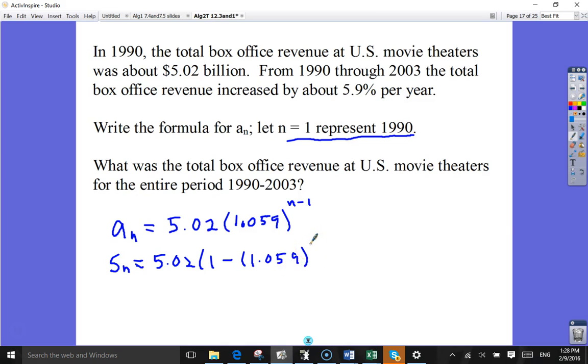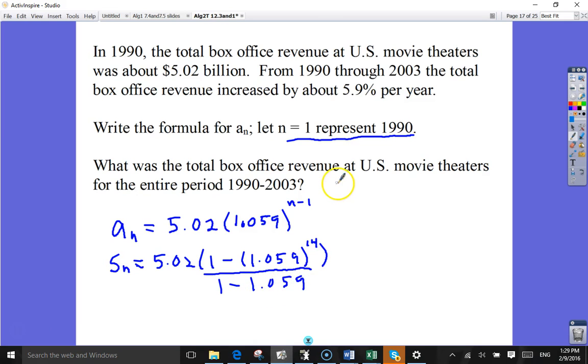And what is n? How many years are we adding up here? If we start in 1990 and we end in 2003, it's actually 14, because 1990 itself was 1. So you got to add 13 to that. So that'll be 14. And then that all has to be divided by 1 minus 1.059.